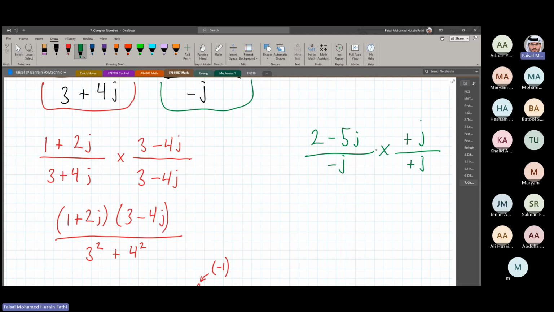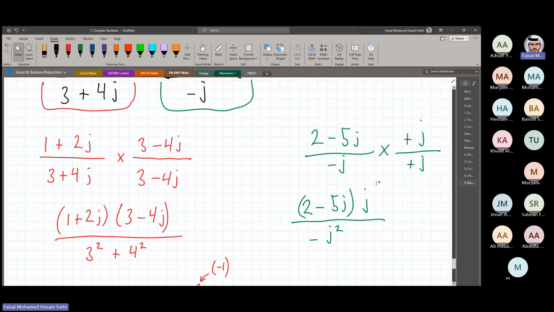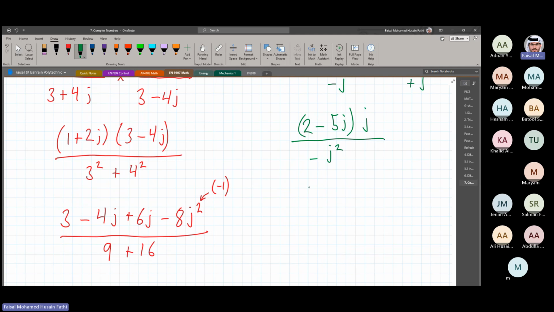So 2 minus 5j times j over minus j times j, which is minus j squared. What does minus j squared mean? Minus j squared is minus 1.